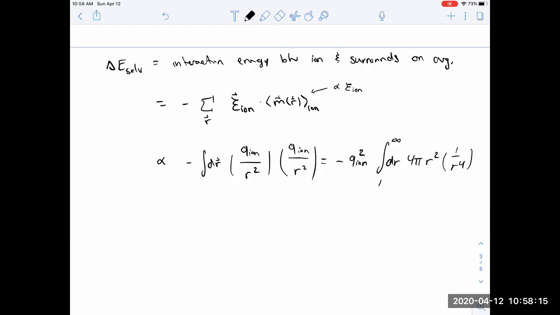So the lower bound of this integral should really be the radius of the ion. We should be integrating that interaction only starting at where we differentiate the ion from the surrounding environment. So let's call R, capital R sub ion, the radius of the ion.